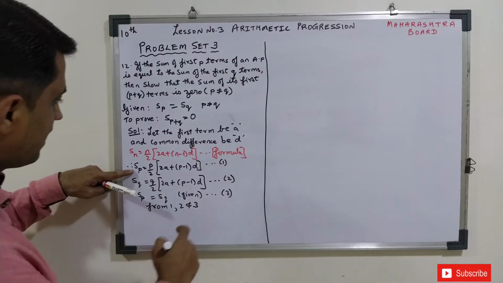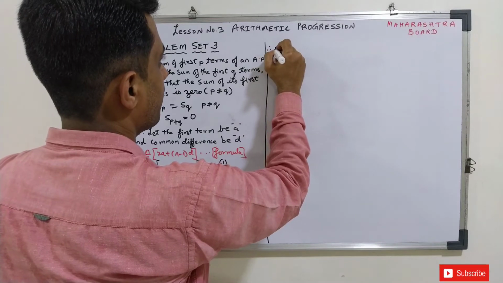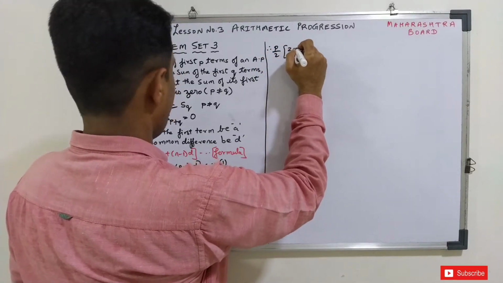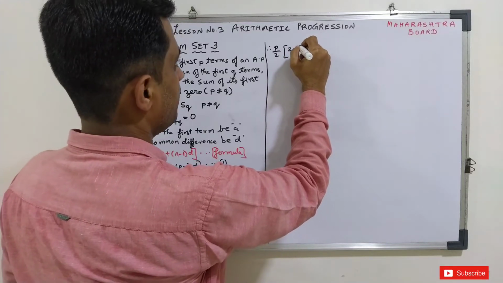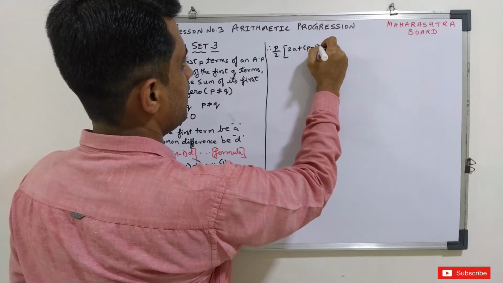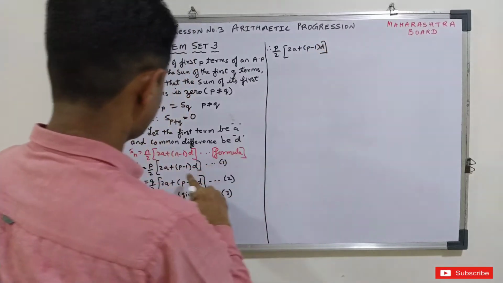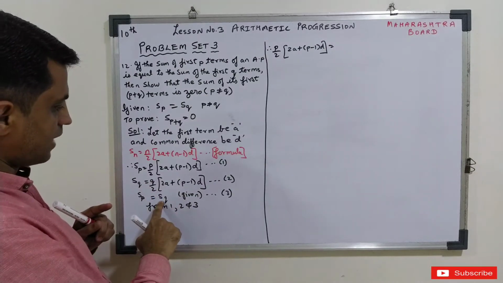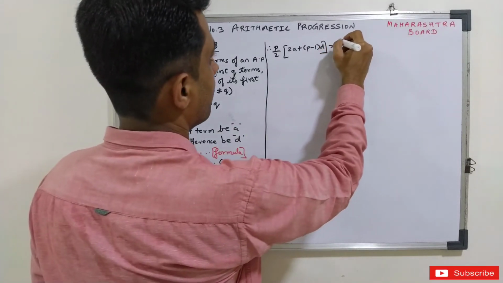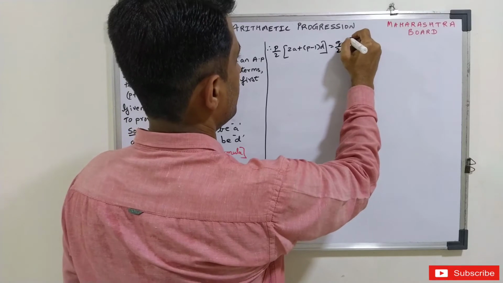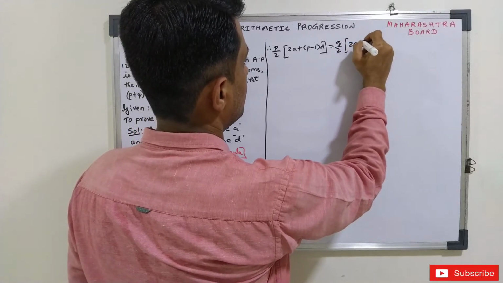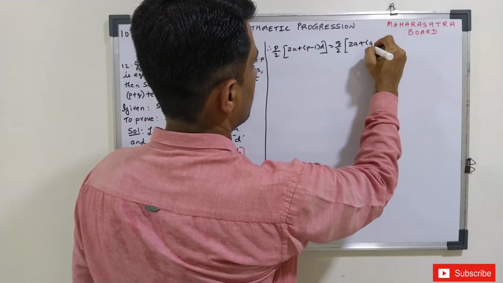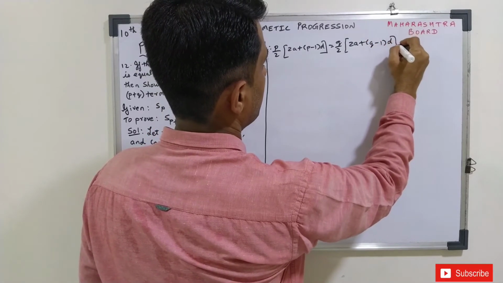So instead of SP we write P upon 2 (2A plus P minus 1 into D), and instead of SQ we write Q upon 2 (2A plus Q minus 1 into D).